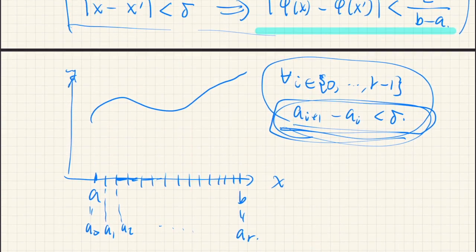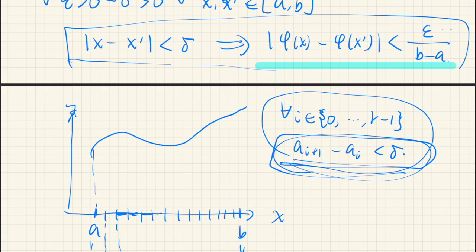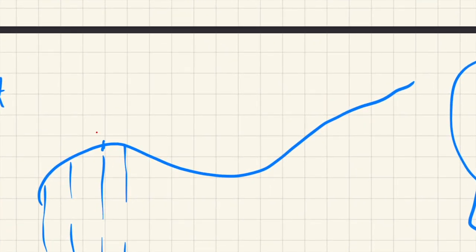So what this means is that for this graph, suppose this is a_i, and consider this subinterval, then we make a rectangular region like this. The x coordinate is a_i minus rho, a bit less than a_i, and a bit more than a_{i+1}.